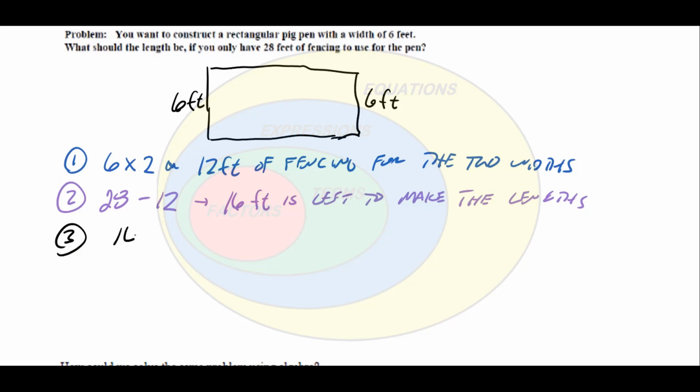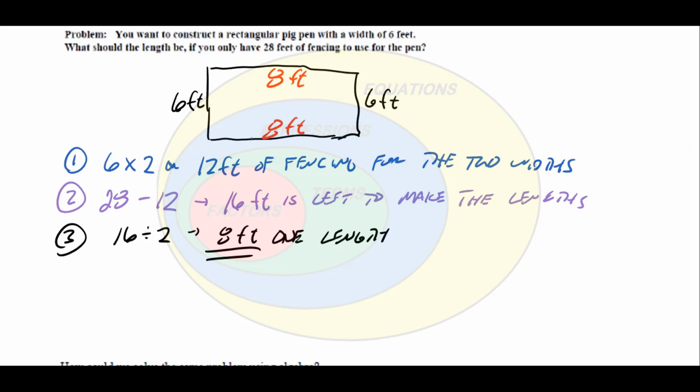So if I take 16 and divide it by 2, I'm going to get 8 feet for one length, right? So if the lengths are both 8 feet, then the dimensions would be 8 by 6. But if you add up all your edges, you get 28 feet and so on.